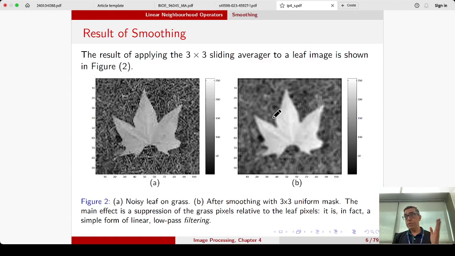So if you've encountered Fourier transforms before, and perhaps seen some things about how you do frequency domain filtering, there is an equivalent effect of what we've done between the left-hand side and the right-hand side in terms of spatial frequency response. Basically we've applied what's called a low-pass filter to the image.